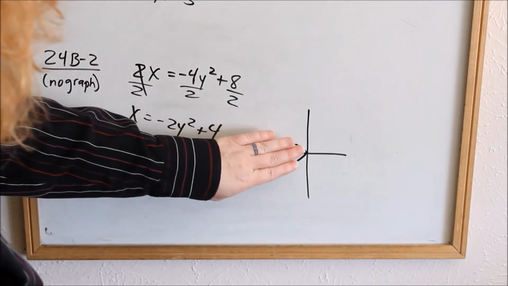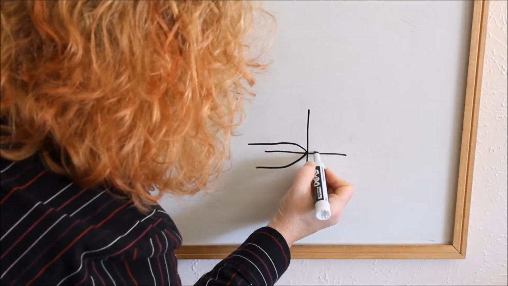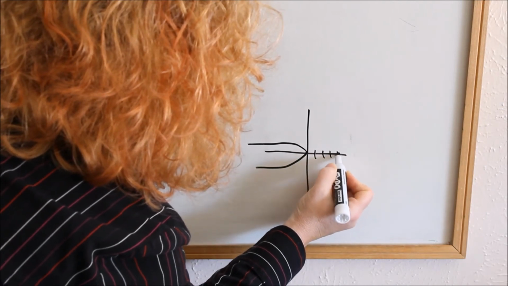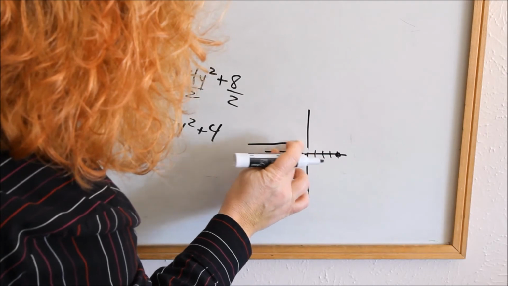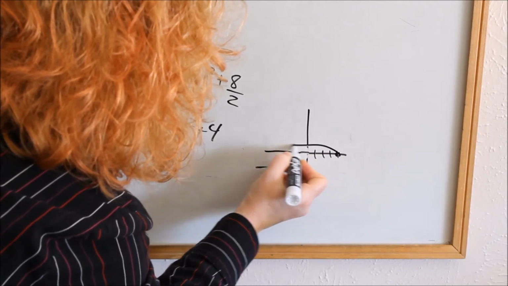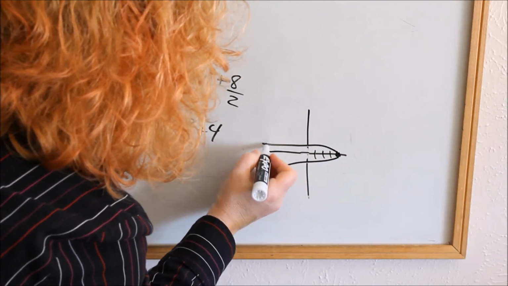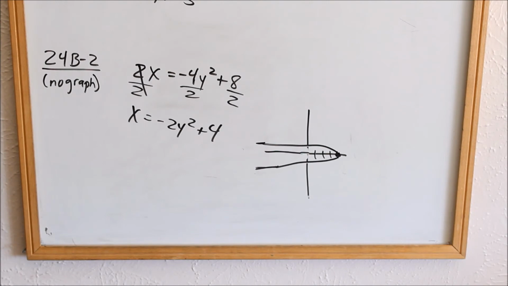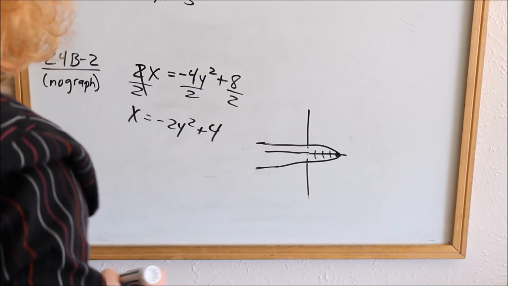So I would just take this whole thing, leave it just the way it is, and shift it to the right 4 spaces: 1, 2, 3, 4. It would look exactly the same as it does now, just shifted to the right. Don't change anything, just move the whole thing to the right. It would still face the left, just shifted to the right.